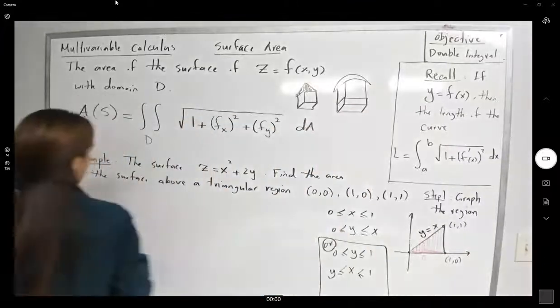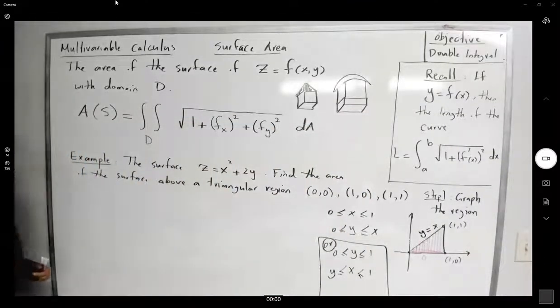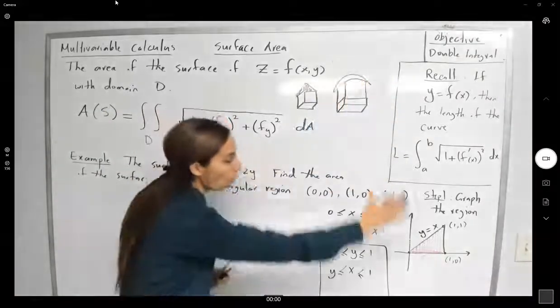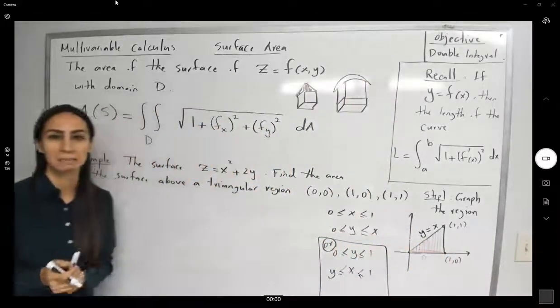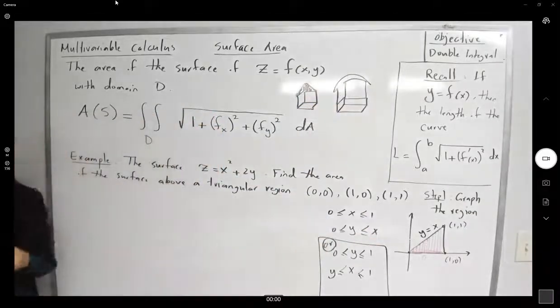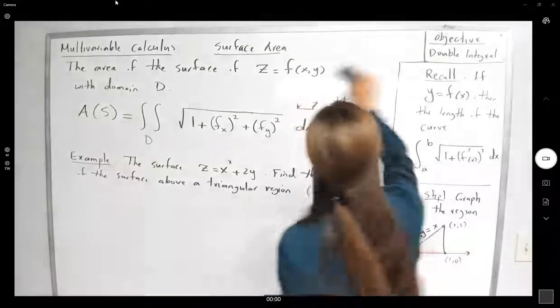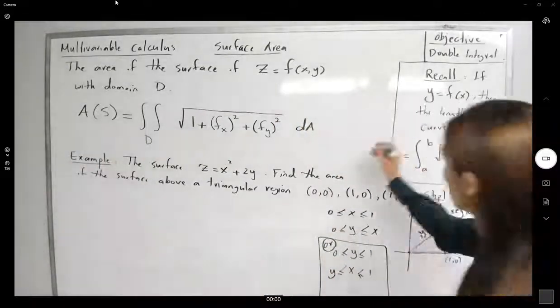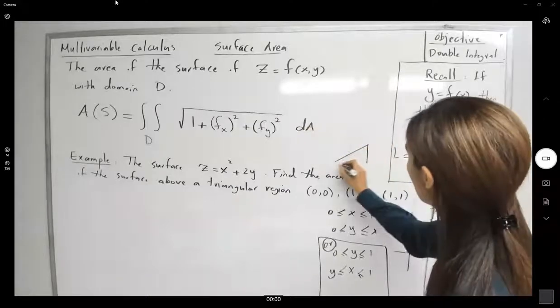So we're interested in finding the surface area of this ceiling over this base. This is your ceiling, and this is your base. Visualize it this way, for example. Here I have this base down here.